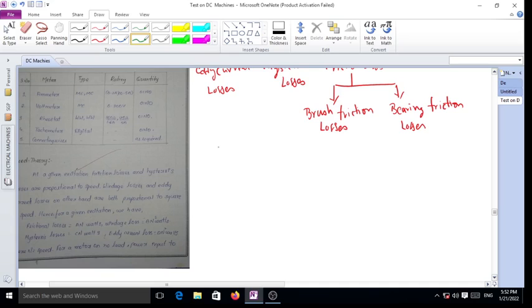So here these all depend upon the speed.